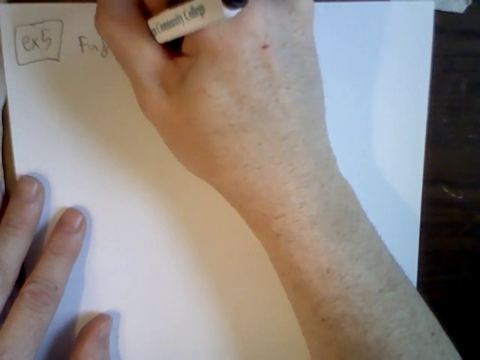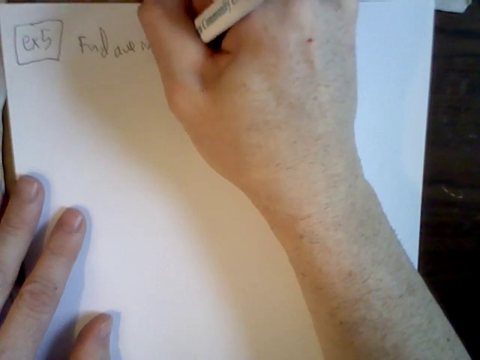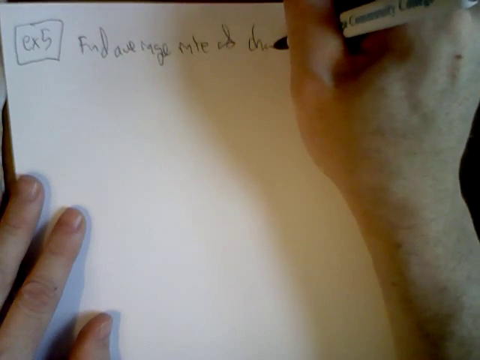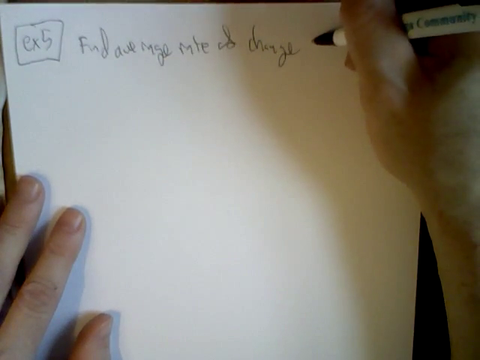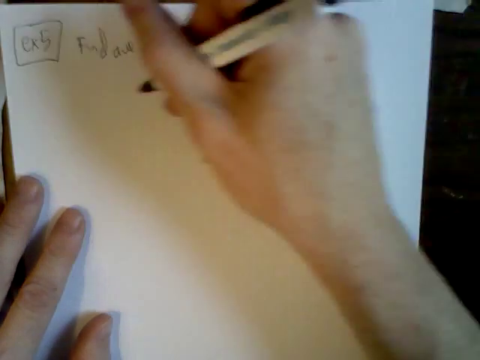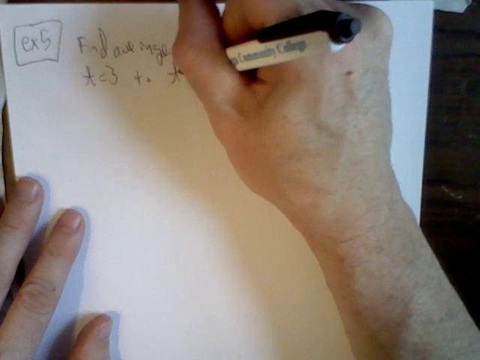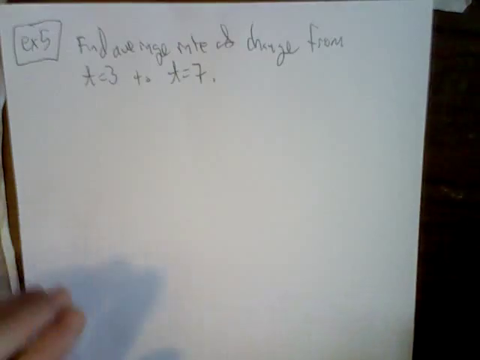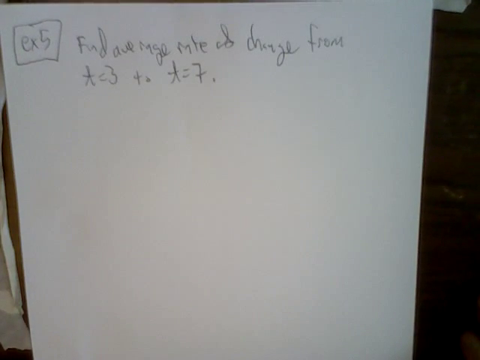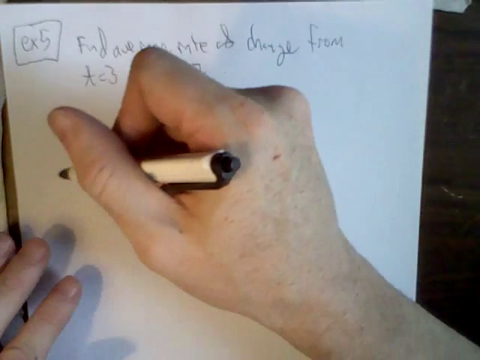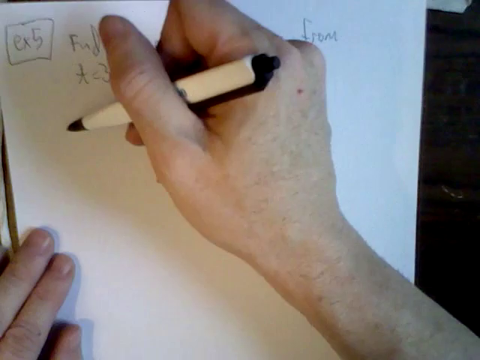So find the average rate of change from time equals 3 hours to time equals 7 hours. Especially with something like Xanax, there might be a lot in your system at first, and then it'll go away very fast and then kind of taper out.